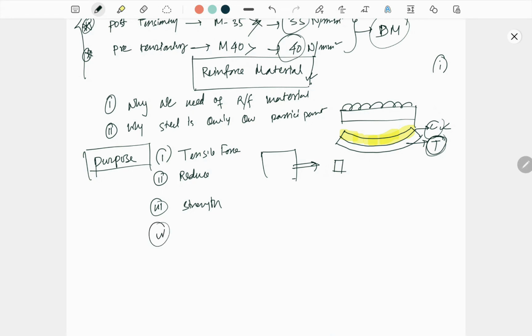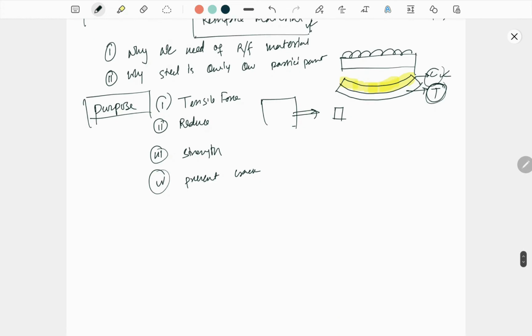We need one material which can prevent the crack. We need one material which is to some extent ductile. That means no sudden failure.